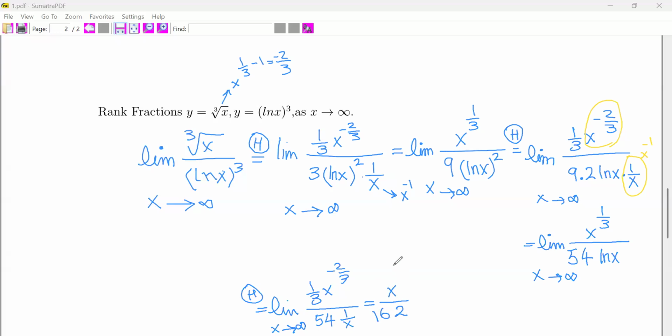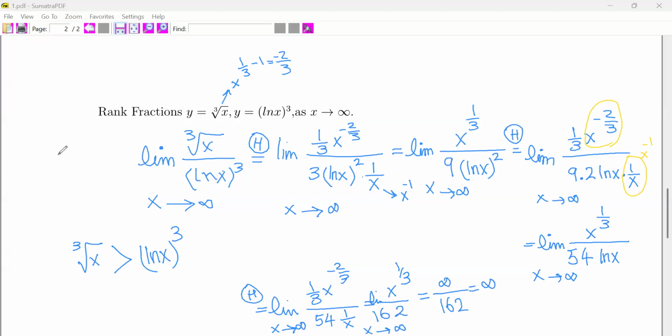And the power will be negative 2 over 3 minus negative 1, which is 1 over 3. Don't forget to write the limit and where x goes. This time it is infinity over 162, which is not undefined. The answer is infinity. So the limit of one of the functions over the other one is infinity. It means that the top one, which is the cube root of x, grows faster than the other one, which is (ln x) cubed.